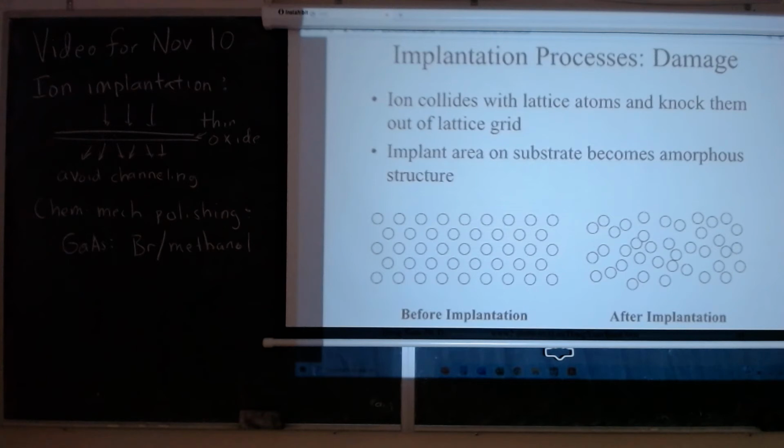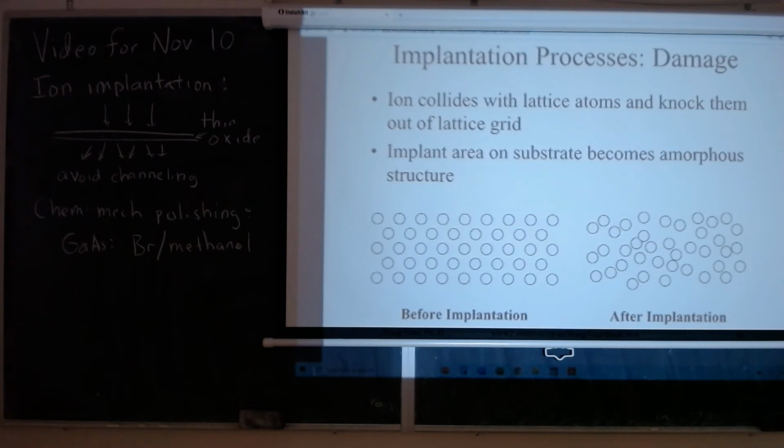I wanted to start out by sharing a nice article I found on the web. I can give people the link if they're interested. It has a nice set of slides that pictorially show what's happening in the implantation process and the annealing step afterwards. Starting with this slide, before implantation, of course, you have a nice crystal, which usually is silicon atoms.